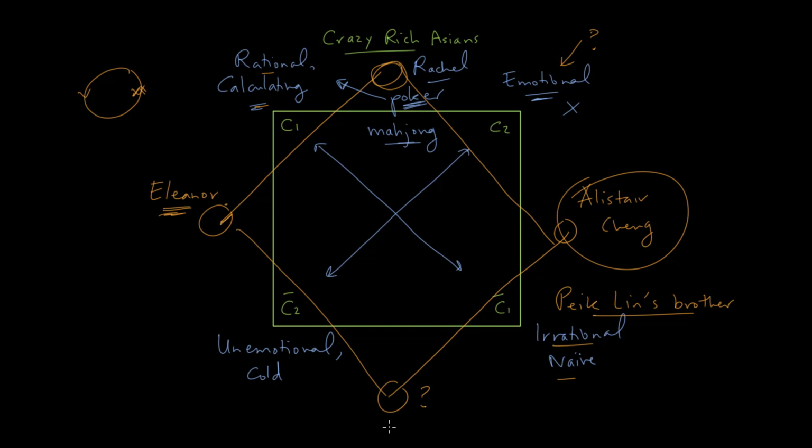As a result, most of the action is going to happen over here in terms of where we are on the square. We're going to find more characters in this quadrant, and we can slot them all in if we want. But that gives us a sense of what's really important to the filmmakers, to the writer of the novel, and gives us quite a good sense of what this film is really about.